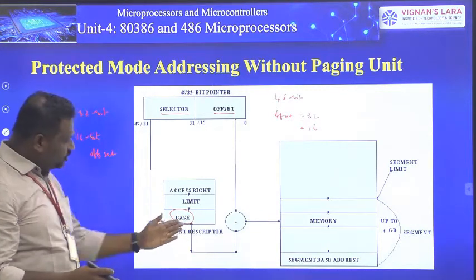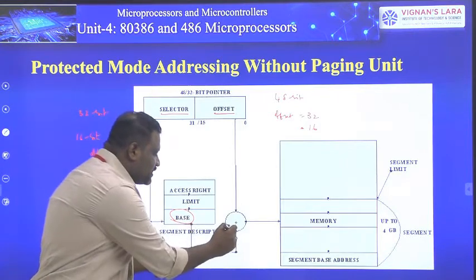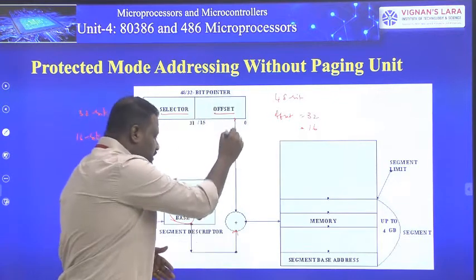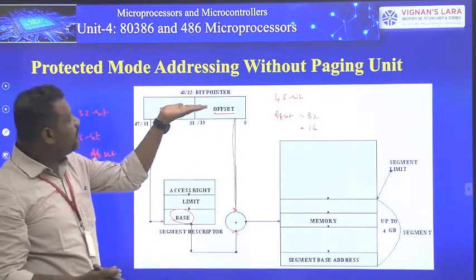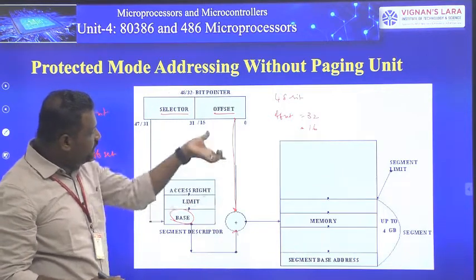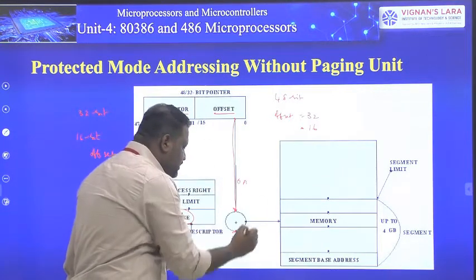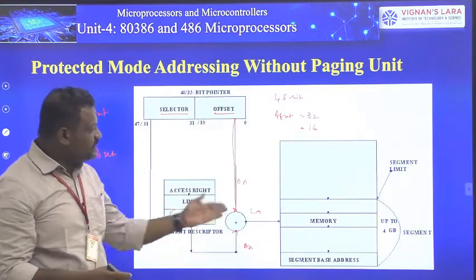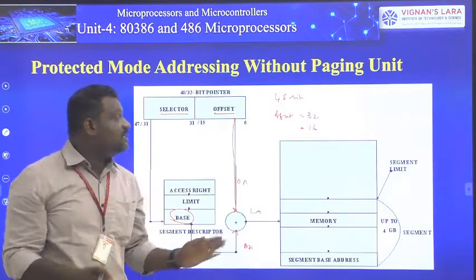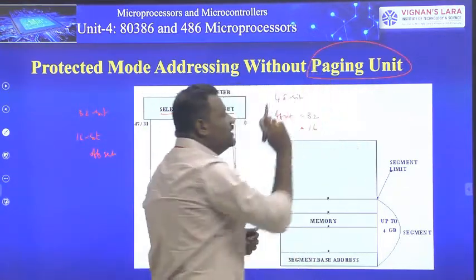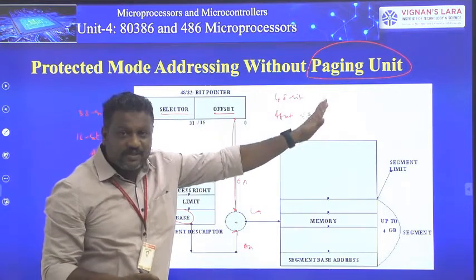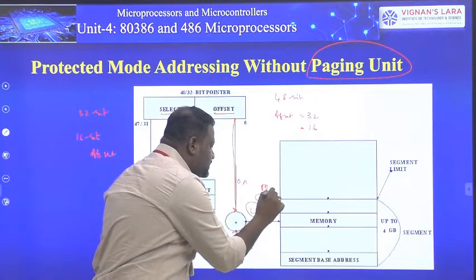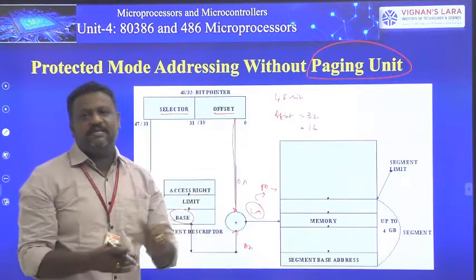That base address is given to one of the inputs of the summer circuit, and I get the offset address from this 48-bit or 32-bit pointer. The adder adds the offset address and the base address, and I get a linear address. This linear address is considered a physical address if you do not have a paging unit in your system. If you are using a paging unit, it converts this linear address into a physical address, and this physical address is applied to the memory itself.